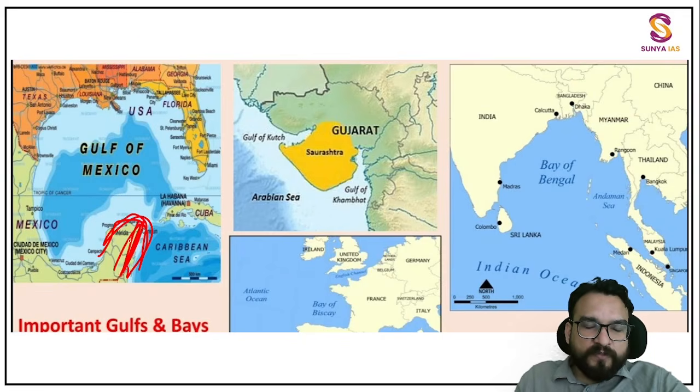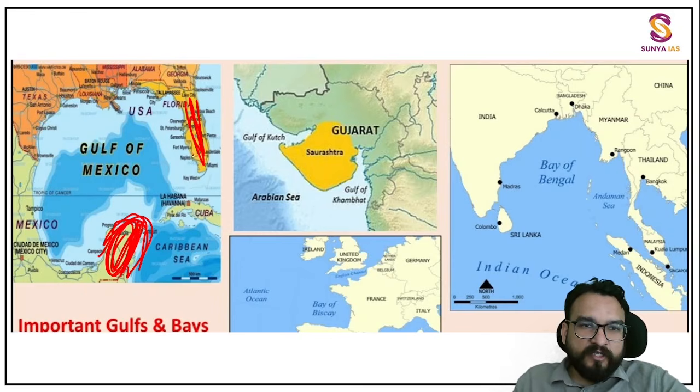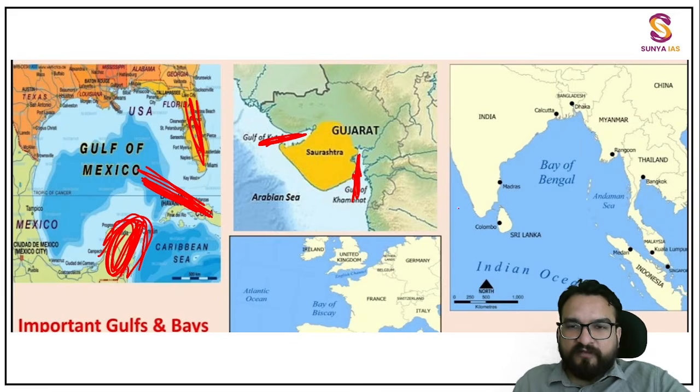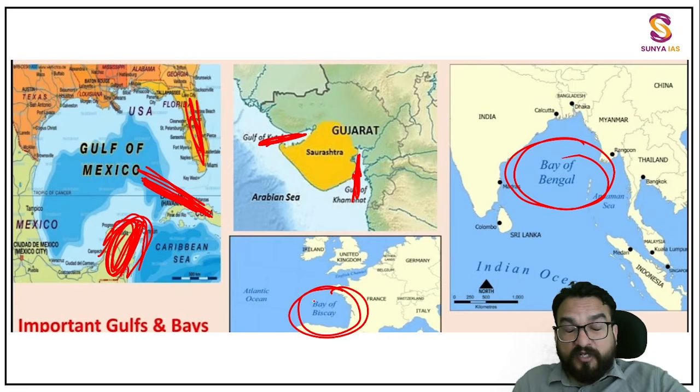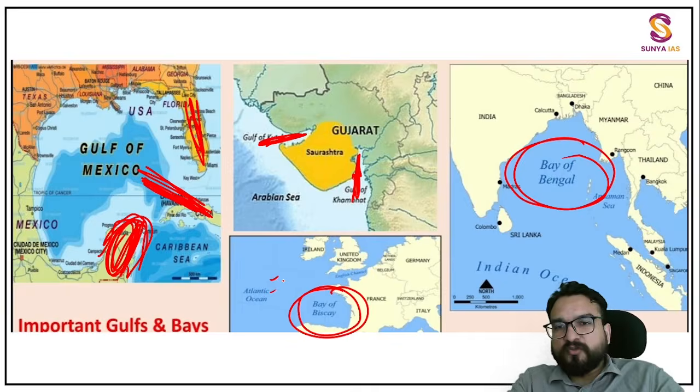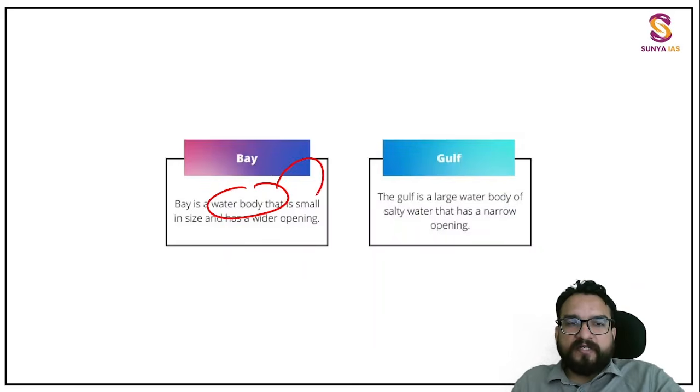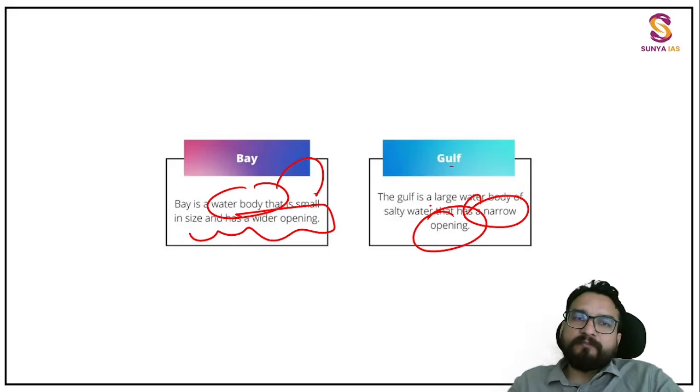From the, what is this peninsula? Yucatan. What is this? Florida. So very narrow opening. Again Gulf of Kutch, narrow. Whereas Bay, if you will be finding, broad opening. And a Bay of Biscay, which I'll be going to tell you when Europe we will be doing, na? So that's why Bay. So Bay is a water body that is small in size, has wider opening. Gulf, narrow opening. Okay, simple.